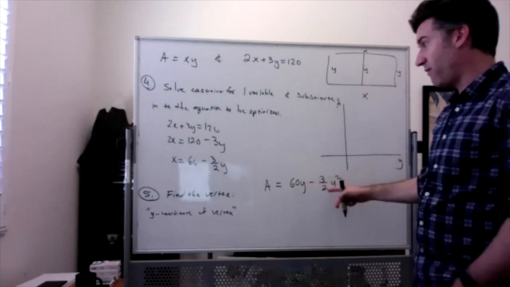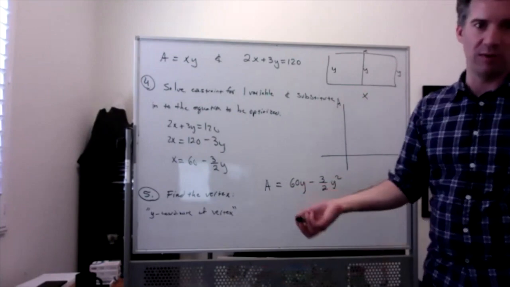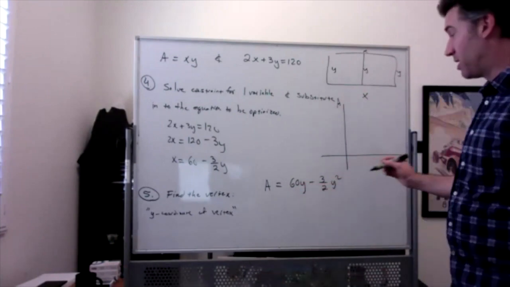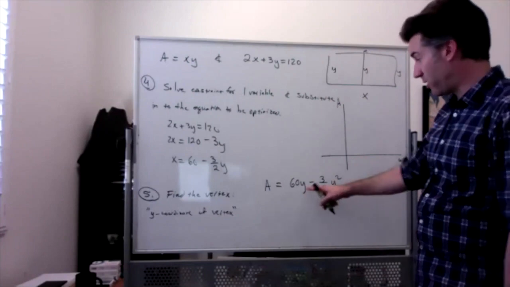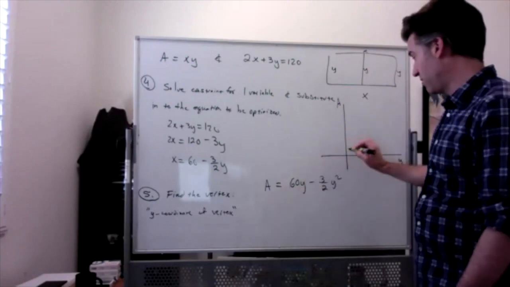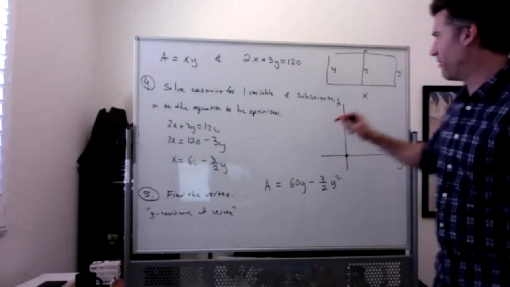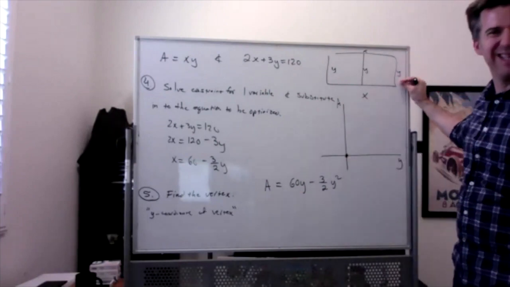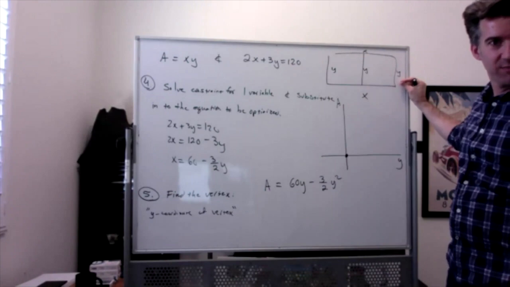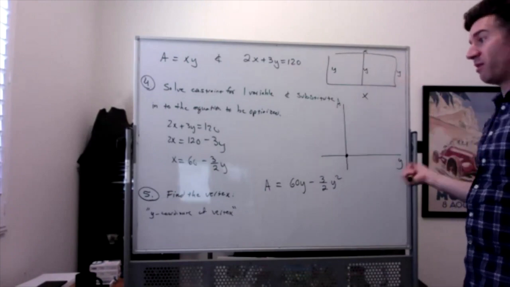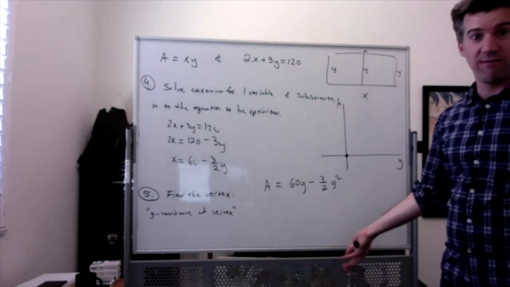And if I was going to graph this, I know it's a parabola, I know it opens down. Here's what it's going to look like. I know if I plug in 0 for y, I'm going to get 0 for A. Which makes sense, right? If y was 0, you would get 0 area. And then I also know that the biggest y can be is really 40.